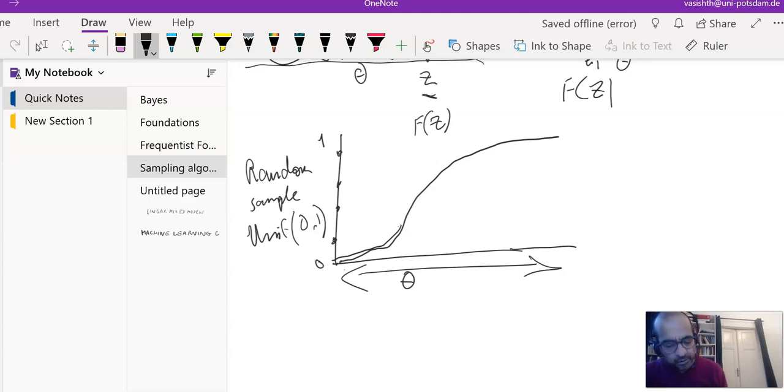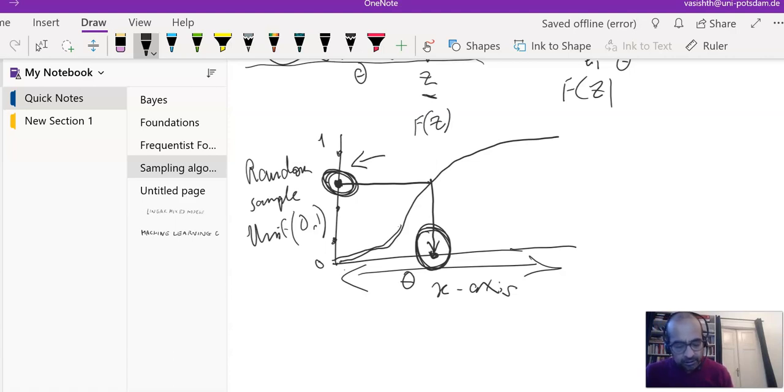Basically, I'm going backwards in this figure. I take a random sample, let's say this one, from a uniform 0, 1, and I go to this figure and figure out what the z value corresponding to that random uniform number is. What is the value on this x-axis, which represents theta, that corresponds to this random number that I sampled?